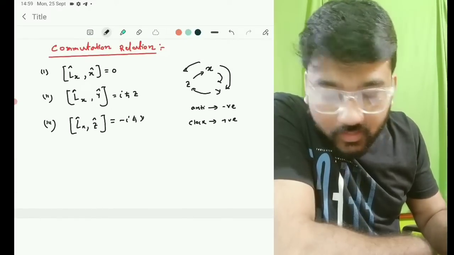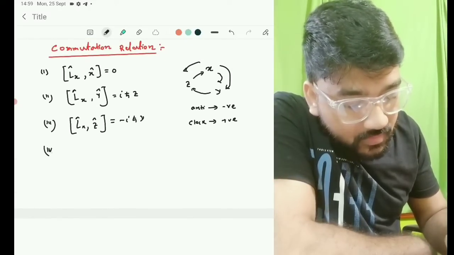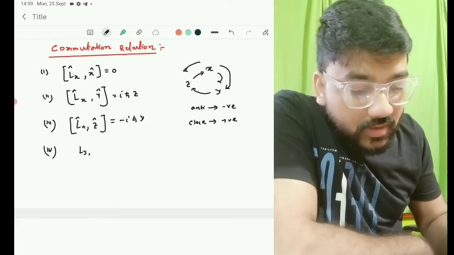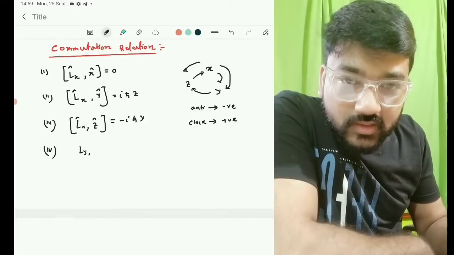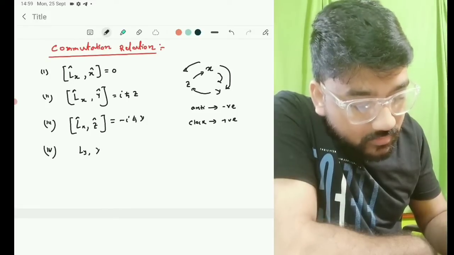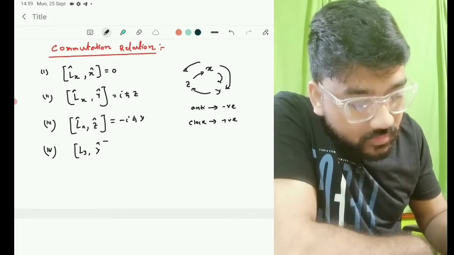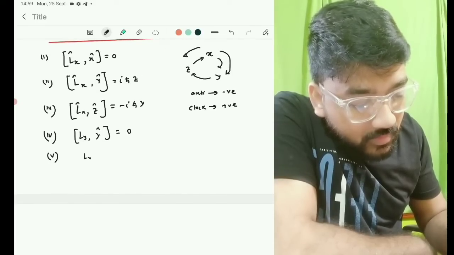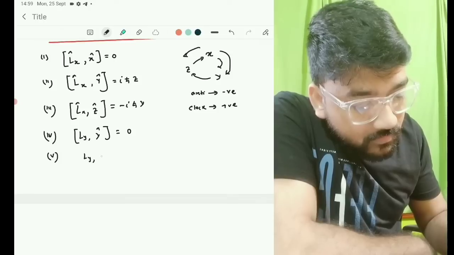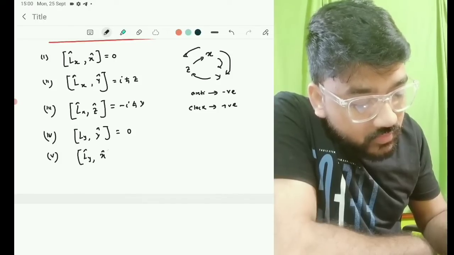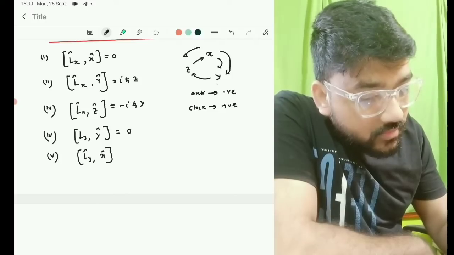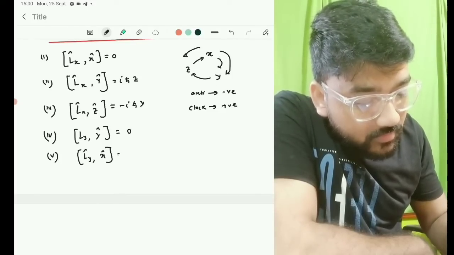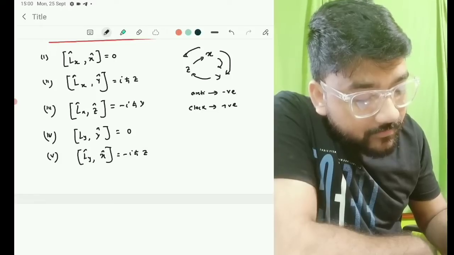Now suppose Ly with x. Similarly, Ly with y will be 0, Lz with z will be 0. But if you take Ly with x, you should think y to x, which is anti-clockwise, so it will be negative, so it will be minus i h cross z.